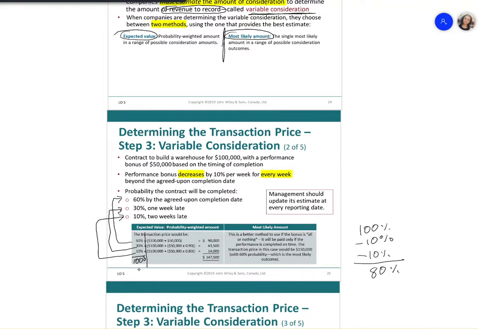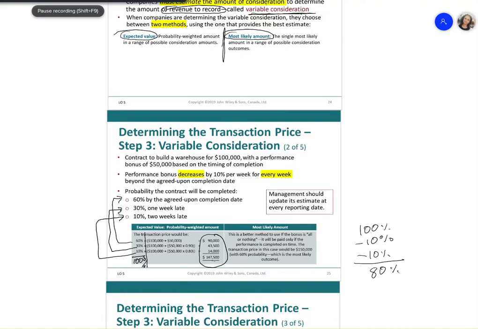So these are all probabilities. When you're given probabilities to calculate the transaction price, you have to calculate it using the expected value. So this is what they did, using the expected value, and they said that the transaction price will be 147,500 if we use the probability weighted amount.